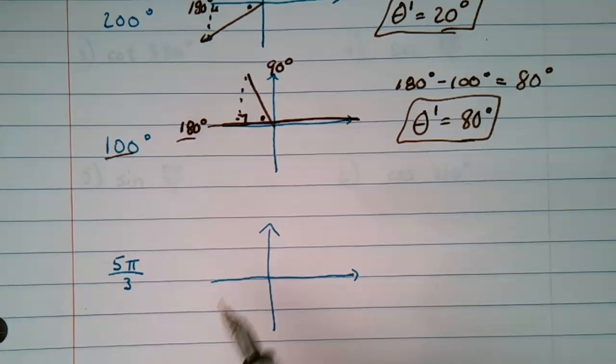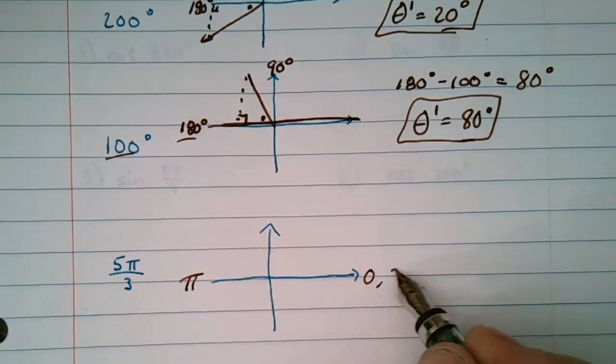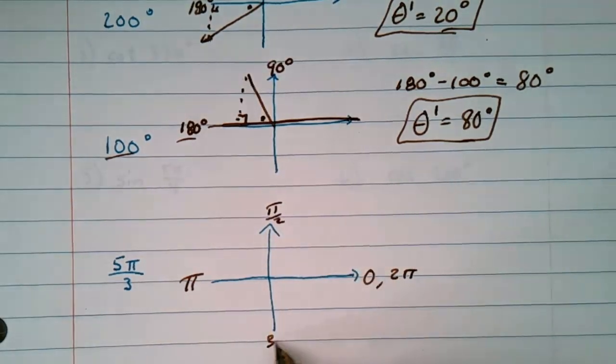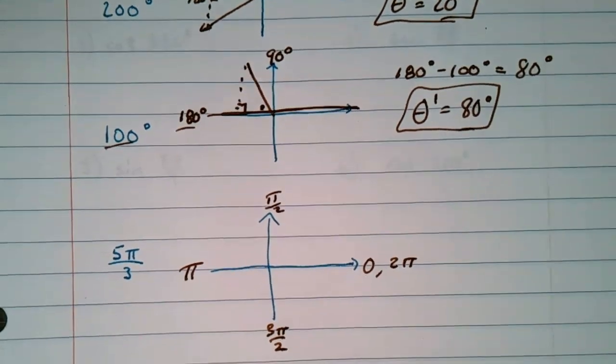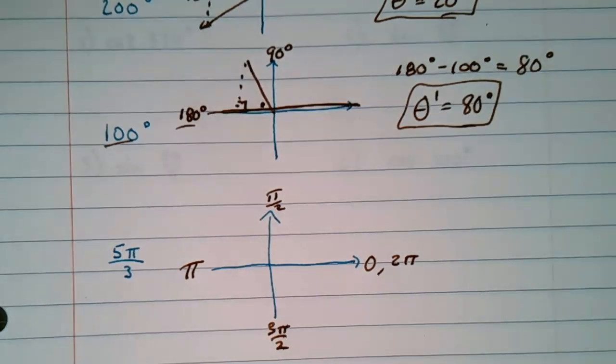Let's do one more in radians, and then I'm going to circle back, and hopefully this will make sense. So 5 pi by 3. Well, I don't think in radians. So what have I got to do? I've got to come up here and label this thing and figure out what's going on. Okay, so there's my labels. Boom, boom, boom, boom. And I think, well, how much is 5 pi by 3? Well, 5 pi by 3 is bigger than a pi.